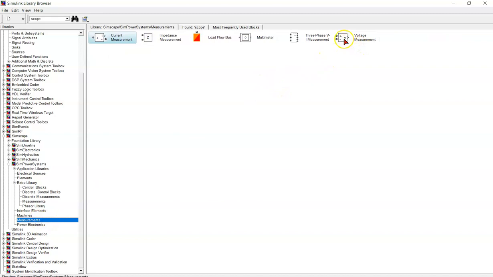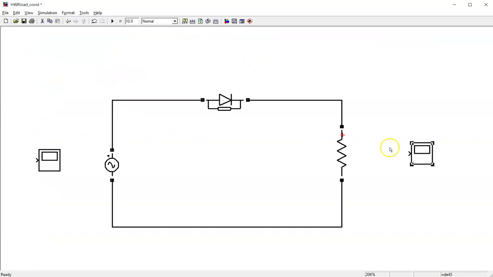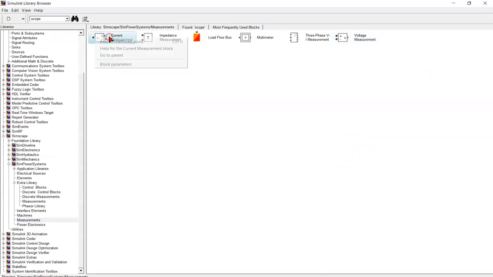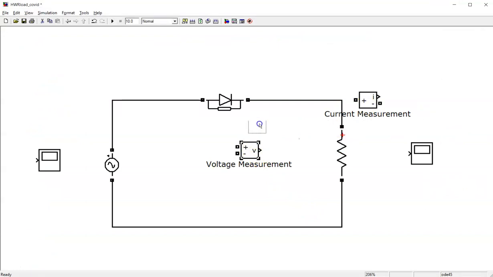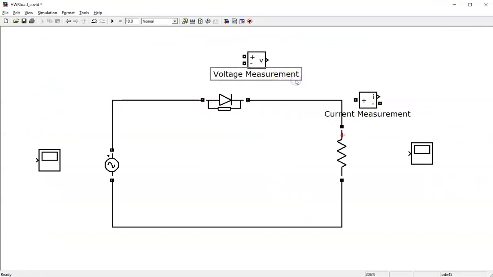We need to find the voltage measurement, as well as the current measurement, because we need to measure the average output voltage as well as the average output current. You can delete the labeling.